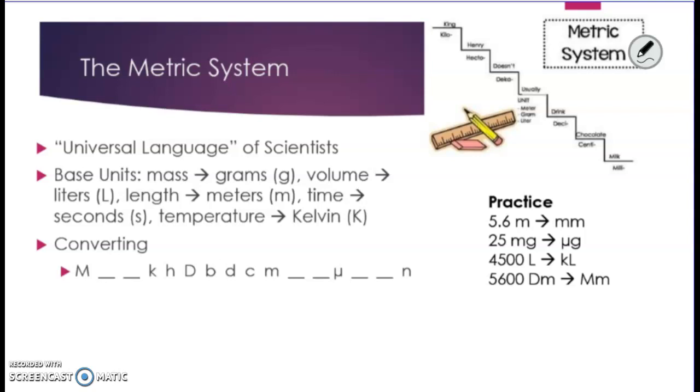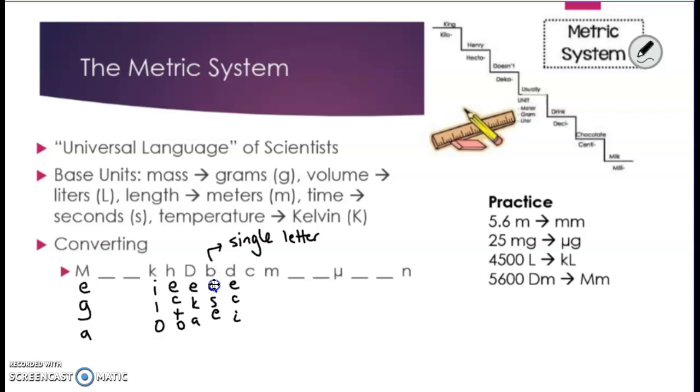Okay. Let's go through. So let's label some things. The B stands for base. Your base is always a single letter. The capital M is mega. The K is kilo. H is hecto. The capital D is deca.